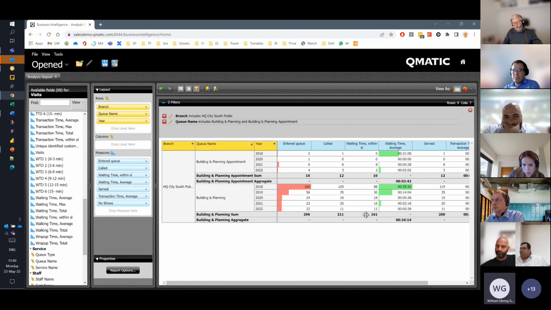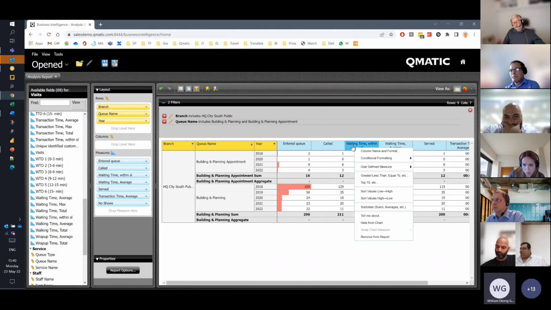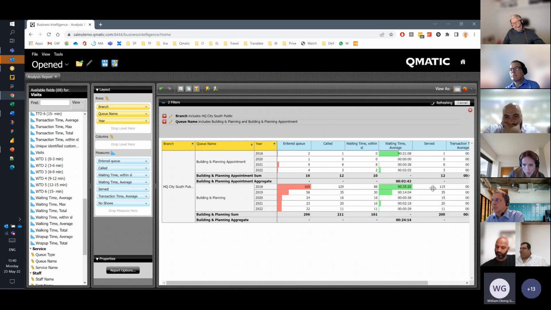Then I could also reason the rest is outside my service level. And that tells me much more than the average waiting time, although it's a bit in line, of course. High average waiting time, a lot of customers waited too long. 35 minutes and 88 customers out of the 129 in 2018.